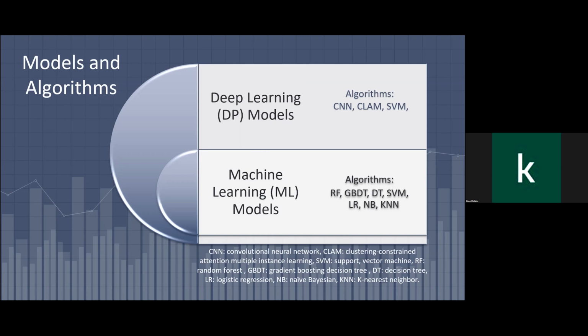So you have this background about what these algorithms are and what these abbreviations mean. The structure of the whole study is that I reviewed researchers who used different algorithms in deep learning or machine learning, and then I categorized them: which one used deep learning, which one used machine learning, which algorithms each used, and in what part, diagnosis, prognosis, or which field related to gynecology, they have used them. Can we go to the next slide, please?